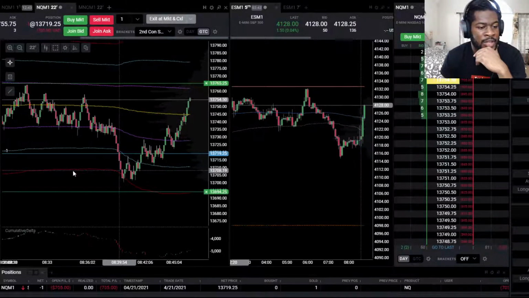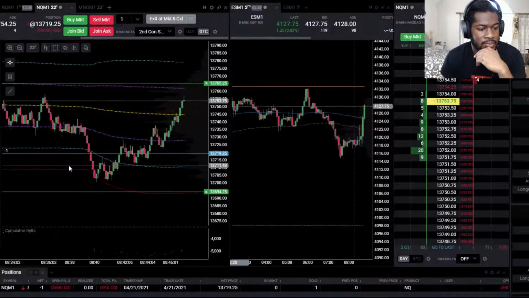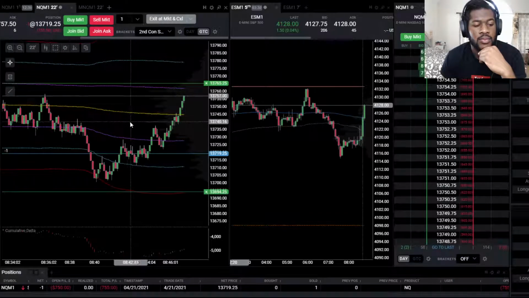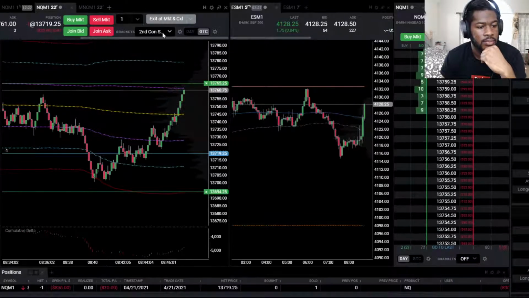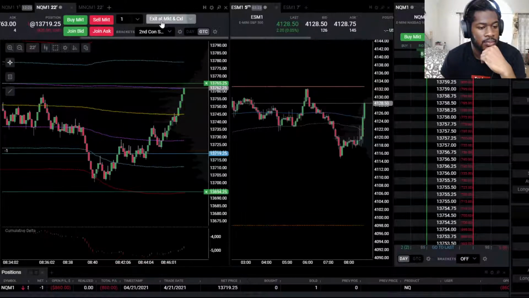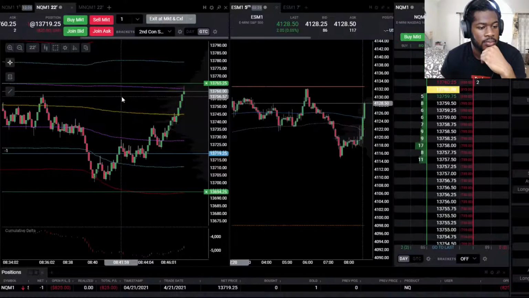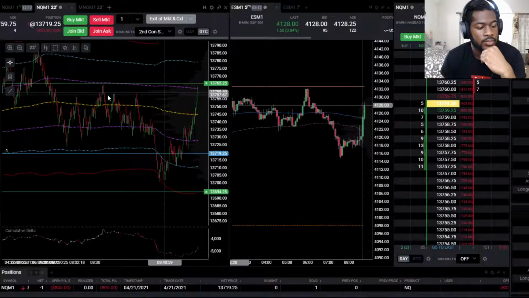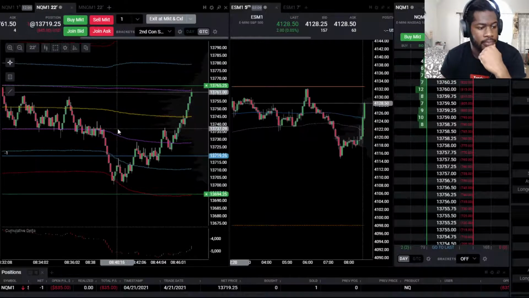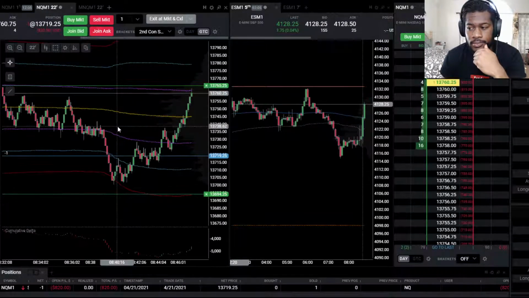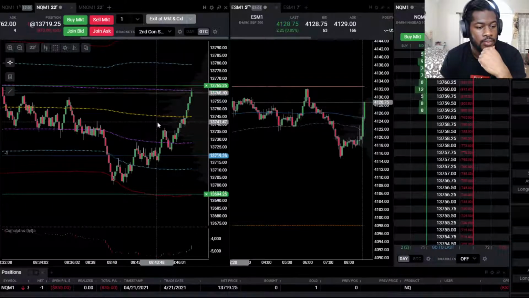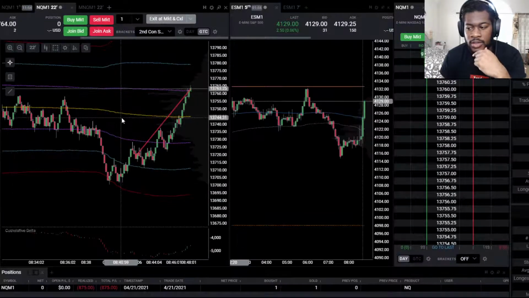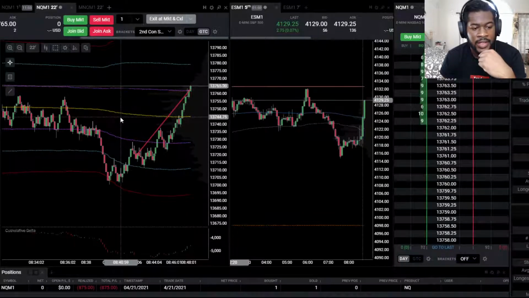Well, it looks like it's going to totally just break the range completely. Stop filled. Okay, so stopped out there. Down 875.